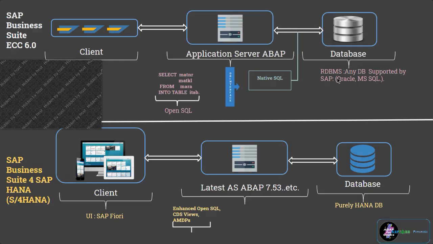So you cannot write SQL or Oracle-related DB language directly in the ABAP application server, right? We have a concept called procedures in Oracle, which we cannot write in OpenSQL. But with HANA DB, we can leverage procedures by creating AMDPs in ABAP application servers.